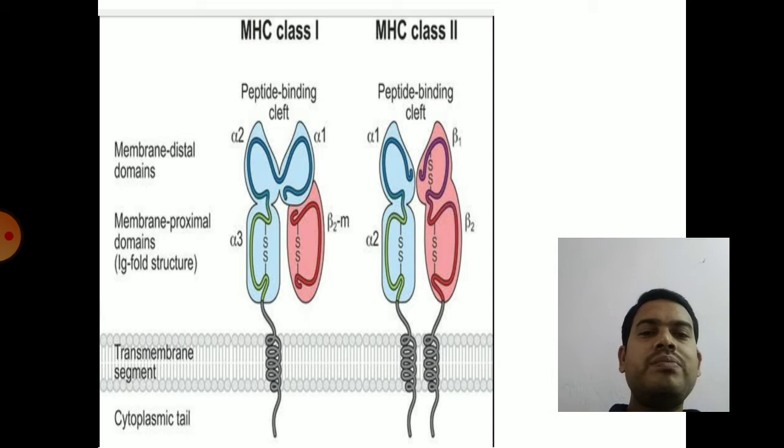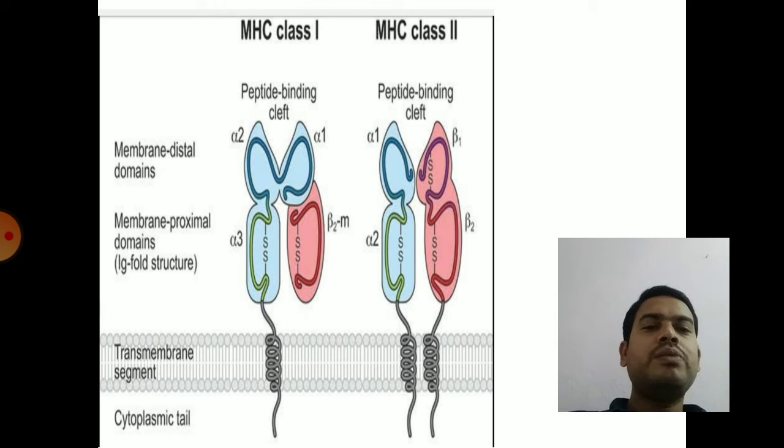In the class 1 MHC molecule, you can clearly see the alpha chain with alpha 1, alpha 2, alpha 3, a transmembrane structure, and beta 2 microglobulin attached to the alpha chain, a non-transmembrane structure. That beta 2 microglobulin is absent in class 2 MHC molecule. Class 2 MHC molecule contains alpha 1, alpha 2 in the alpha chain and beta 1, beta 2 in the beta chain.